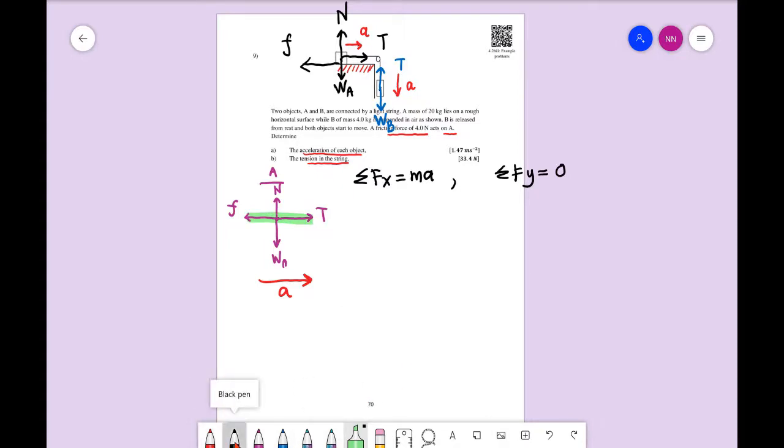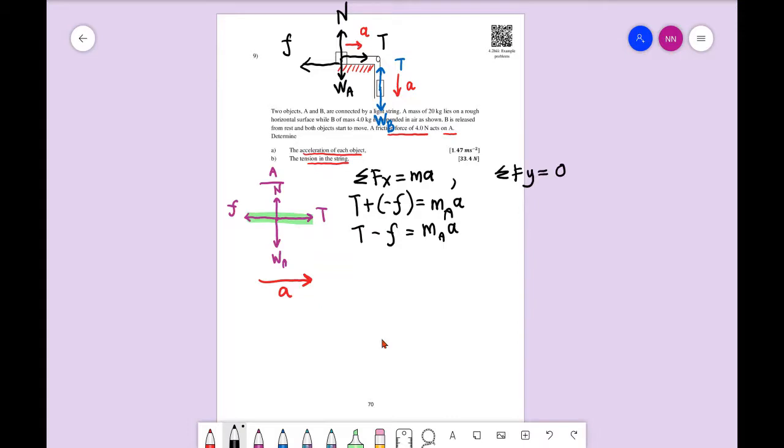Tension is in the same direction of acceleration, so tension is positive, and friction is opposite direction, so friction is negative. So it will be tension minus friction, or tension plus negative friction, equals to ma, where m here is the mass of object A.